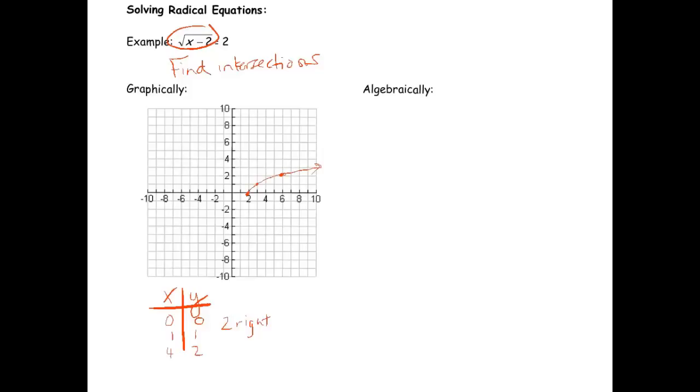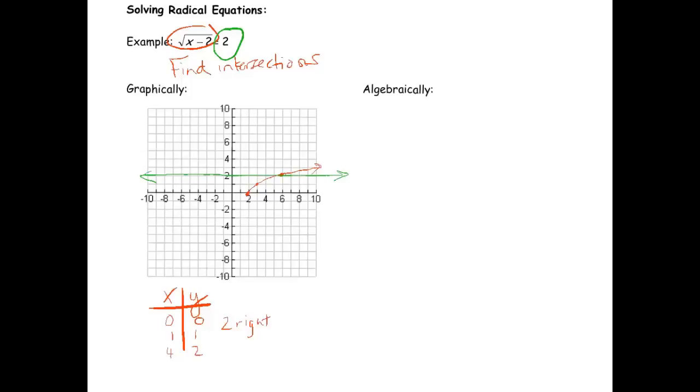Let me change colors to do our second graph. And to graph 2, hopefully you remember that that's going to be a horizontal line with the value of 2, just like that.